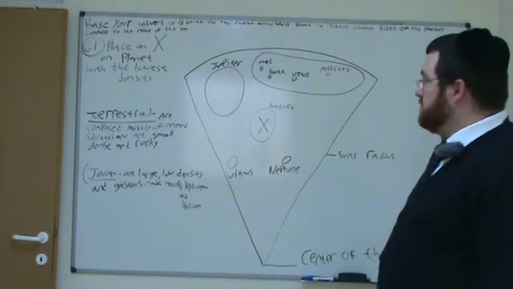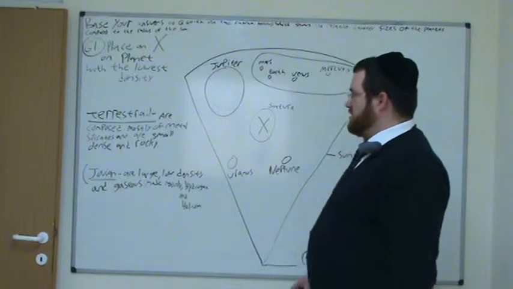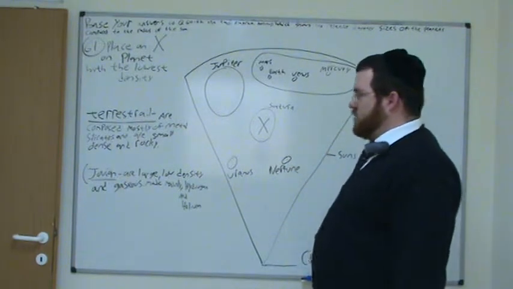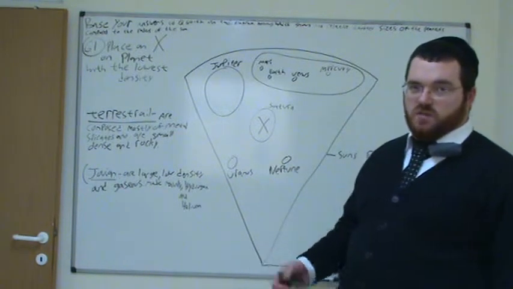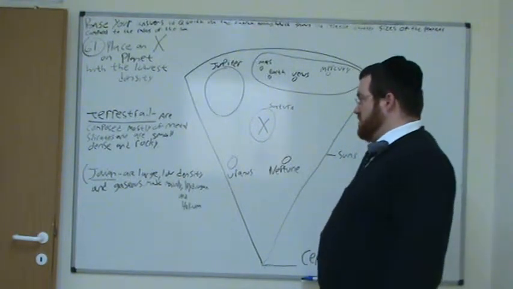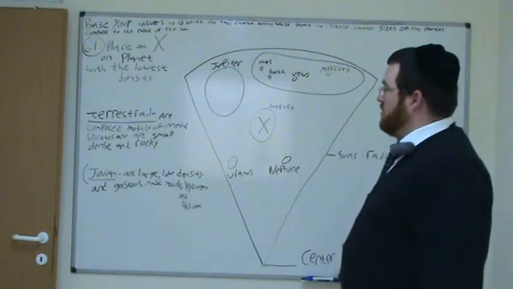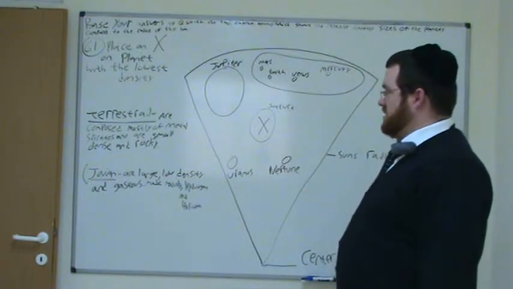Question 61. Place an X on the planet with the lowest density. Well, first of all, we told you that terrestrial planets are composed mostly of metal silicates and are small, dense, and rocky. So now we want to know a planet with the lowest density.